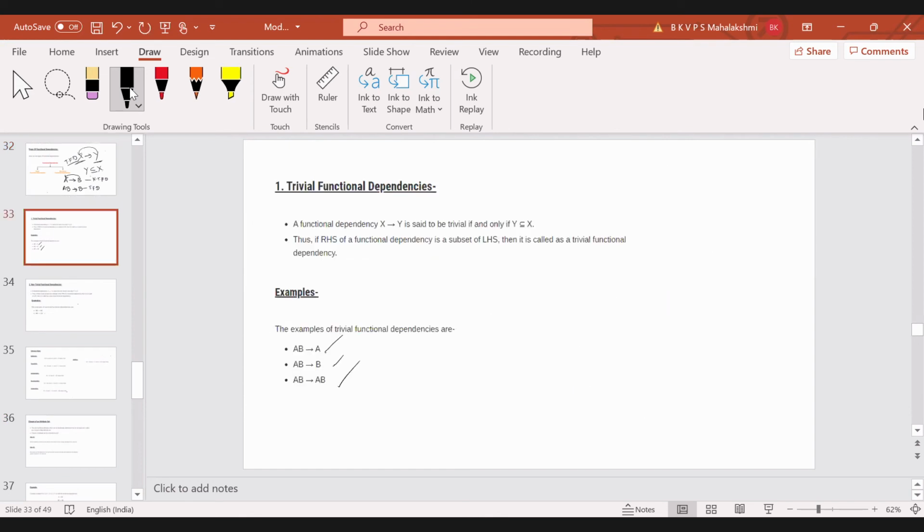So these are the examples. All these are examples of trivial functional dependencies. See, on the right hand side, A is a subset of AB, B is a subset of AB, and AB is equal to AB. So it's satisfying the first rule.